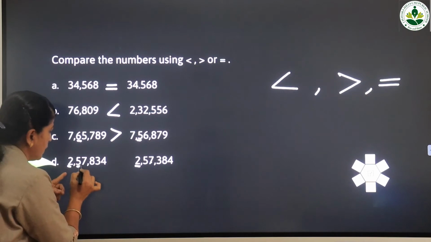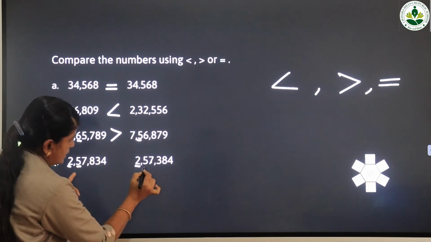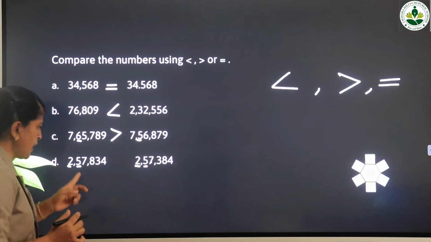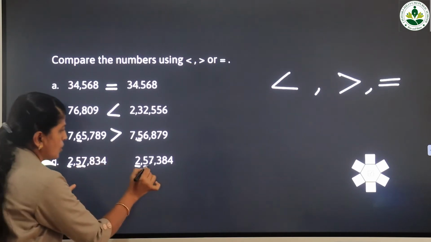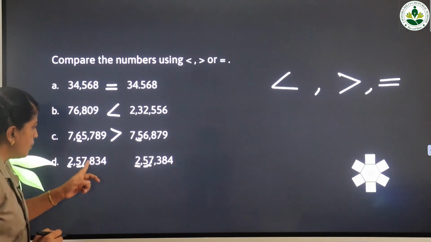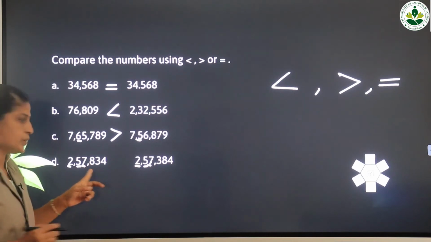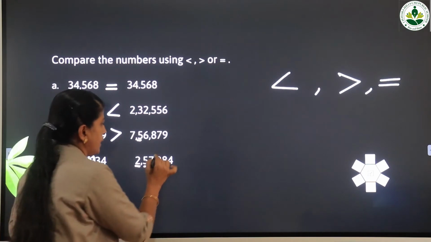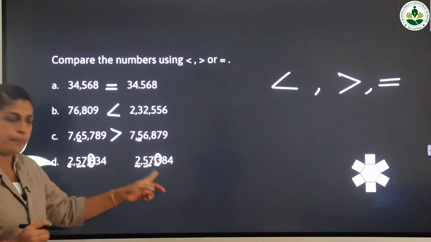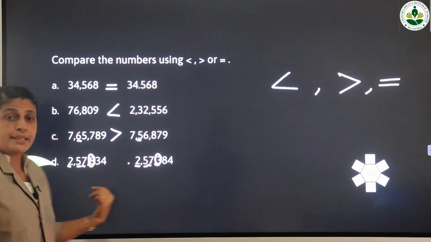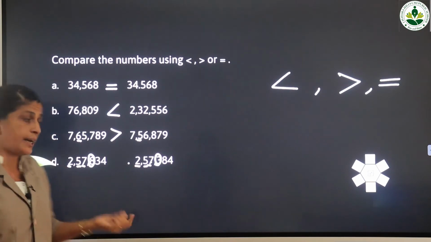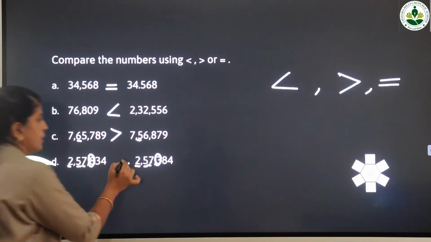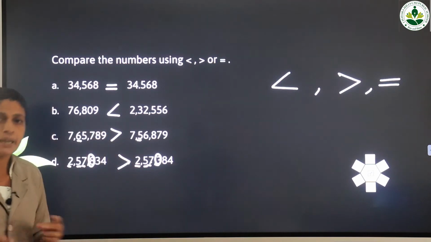The second digit is 5 in both, the same. Then the third digit is also the same. Then what about the fourth digit? The fourth digit is 8 here and here it is 3. Which is bigger? 8 is bigger, isn't it? 8 is the bigger number. That means the first number is the bigger number.